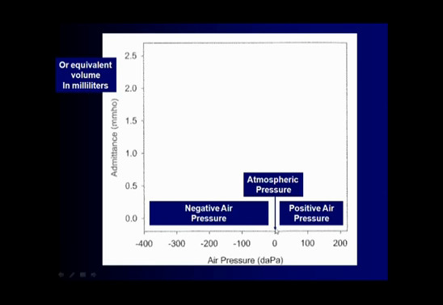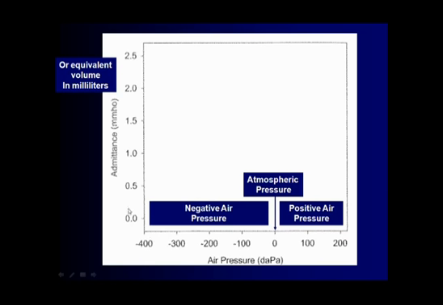Now we're at 0 decapascals, same pressure in the ear canal as the atmosphere. Then we start to go into negative pressure. The probe now acts sort of like a vacuum. It's going to draw the air molecules out of the middle ear, and we can go up to minus 400 decapascals.